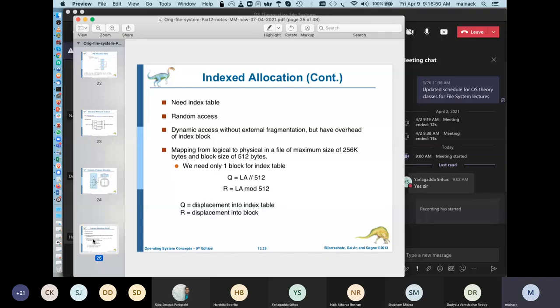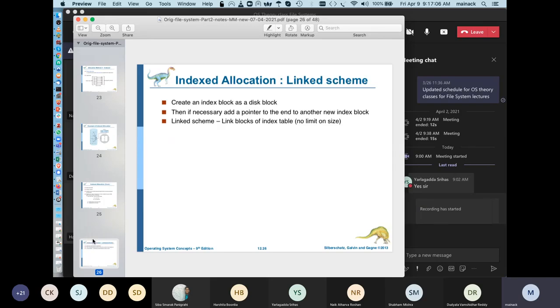So now we need to implement the index table, right? Because the indexed allocation has an additional overhead of having one index table per file. So to implement the index table, we need to answer a basic question.